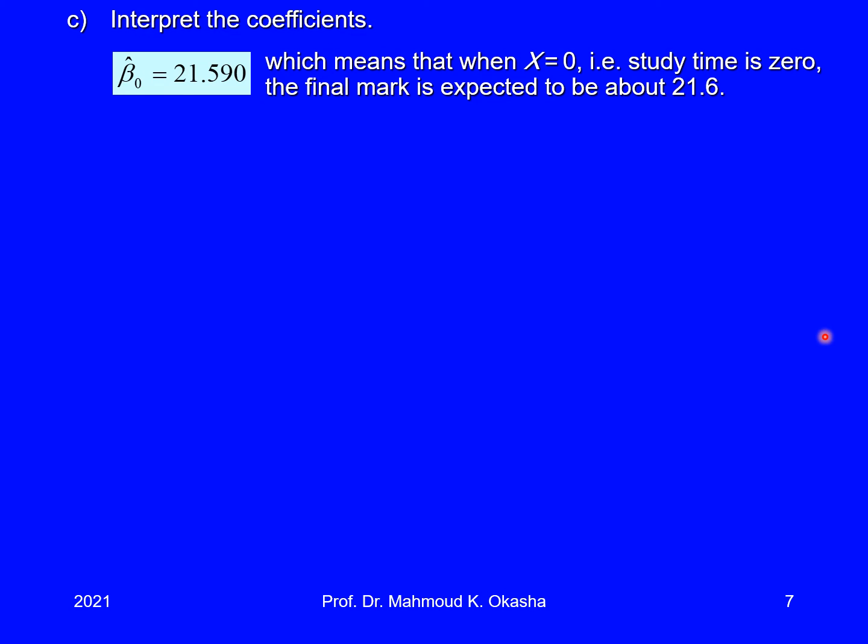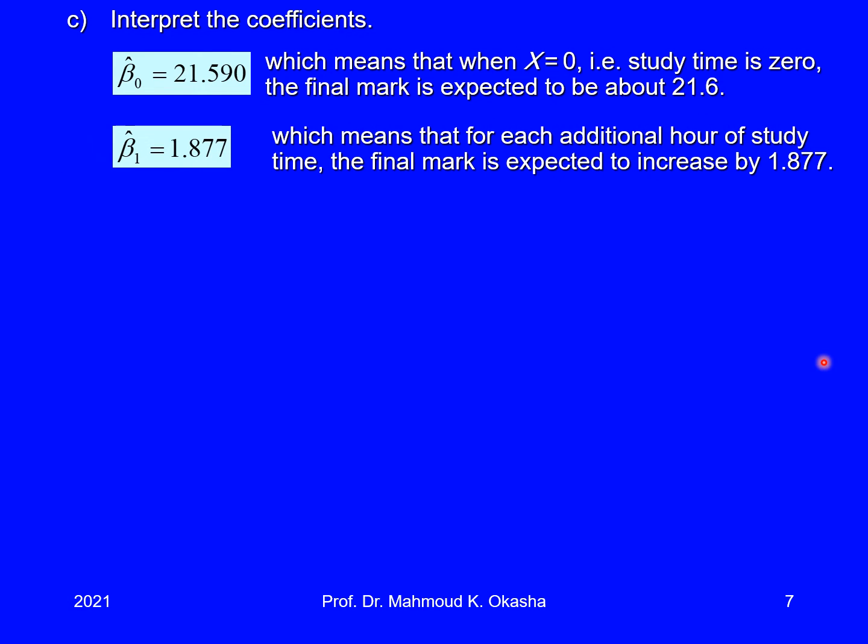If a student did not study any hour, did not study at all, then he is expected to have a mark around 21.6 without studying at all, maybe by attending the lectures only, right?